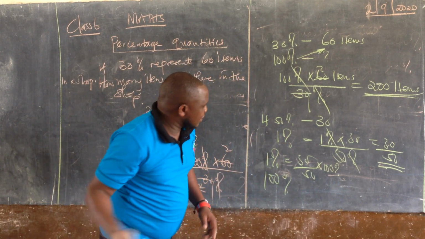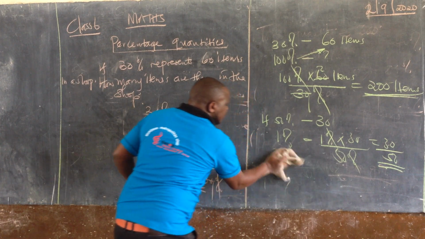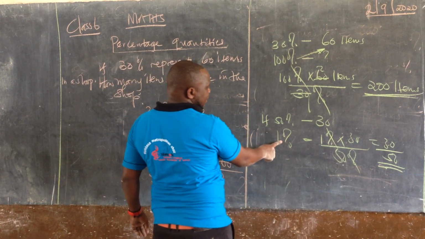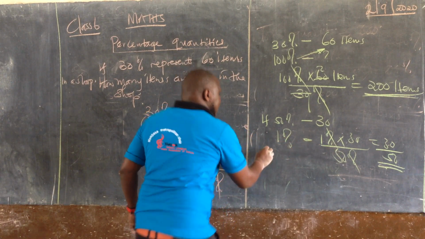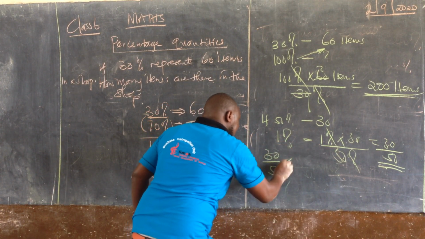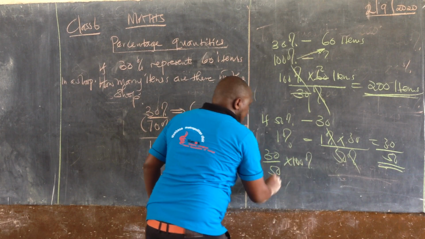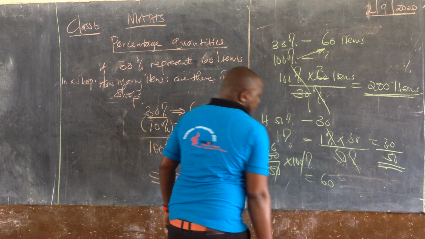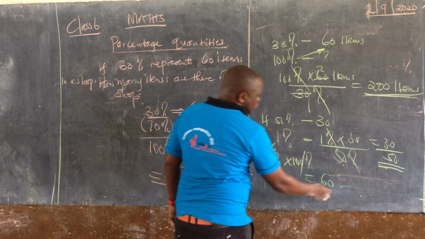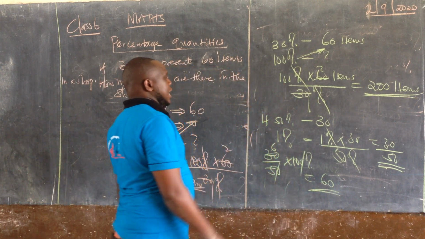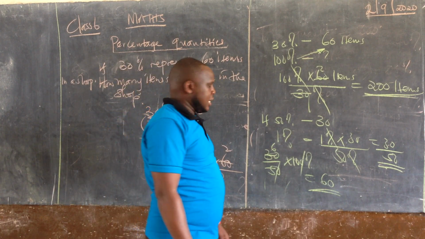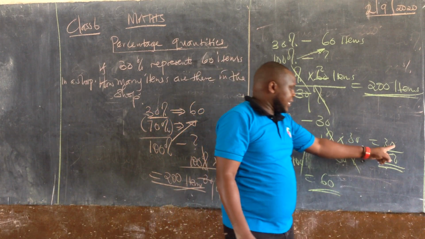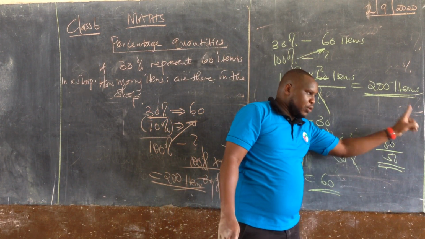So you can simply say, if 1% is 30 out of 50, then 100% is 30 out of 50 times 100%. So this is going to give you, by 5, 1 over 6, that is going to give you 60 items. For you to get the 100% item, you just simply multiply by 100.